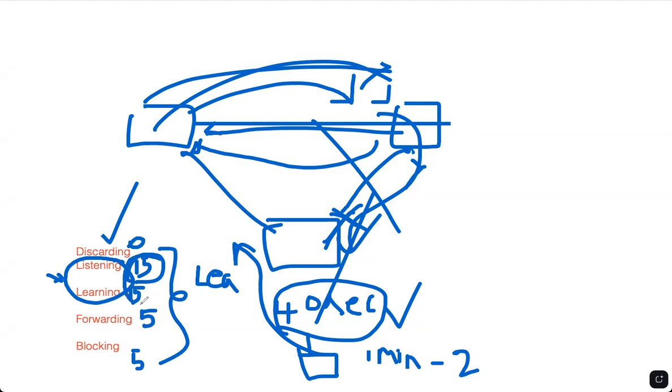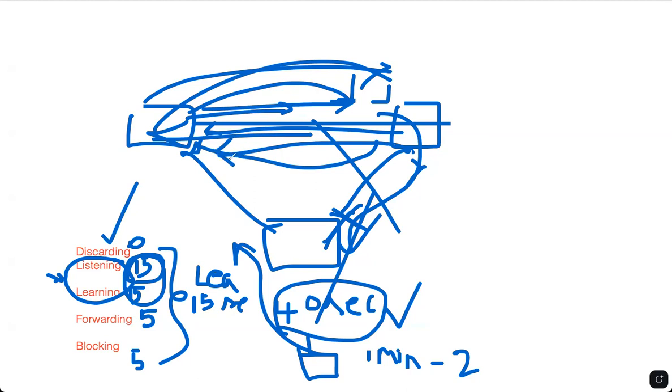Listening and learning they changed to 15 seconds. It sends and listens to the BPDU at the same time. It's like a bidirectional communication. It does not send, wait 15 seconds, and wait another 15 seconds to get the message back. Both happen at a time, so listening and learning can be collapsed into one state.